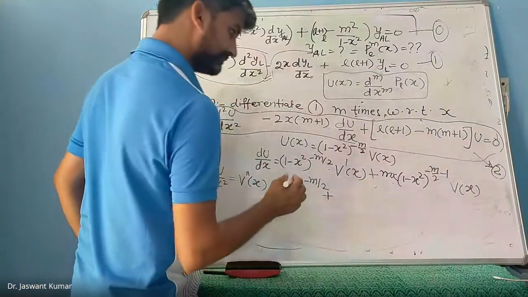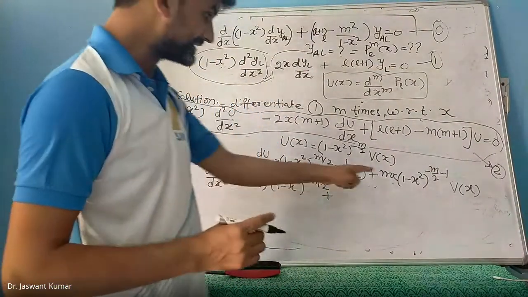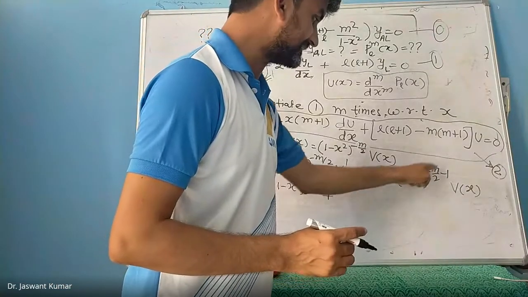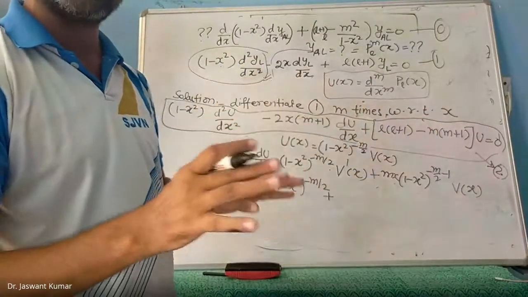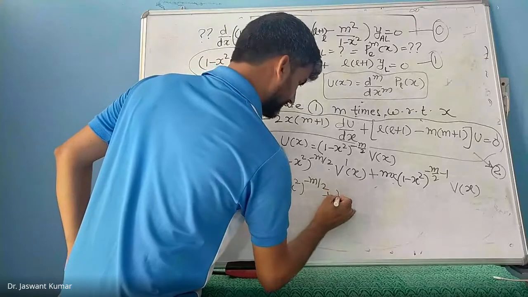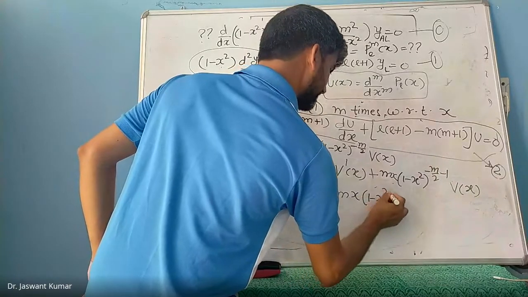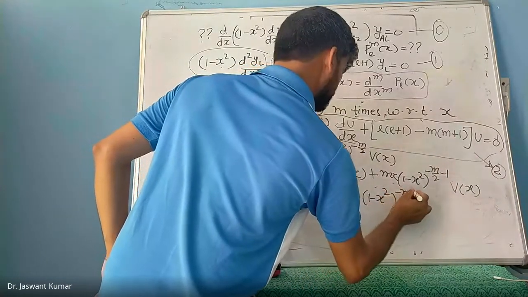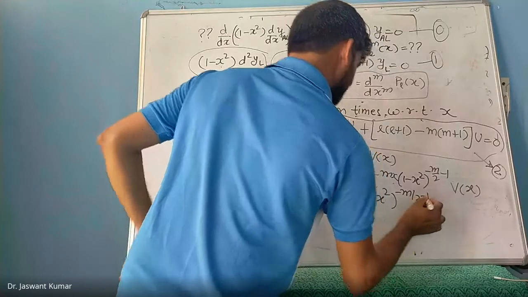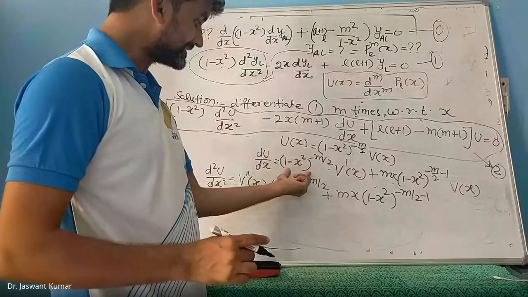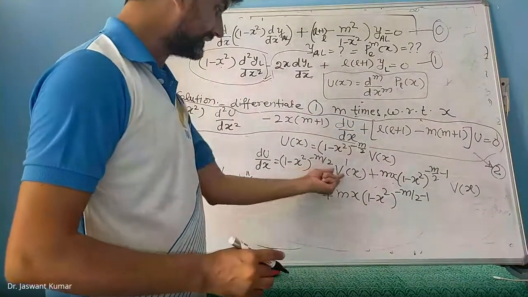Plus, the answer will be mx times (1 minus x square) to the power minus m by 2 minus 1. This is the first derivative of this, times v dash x.